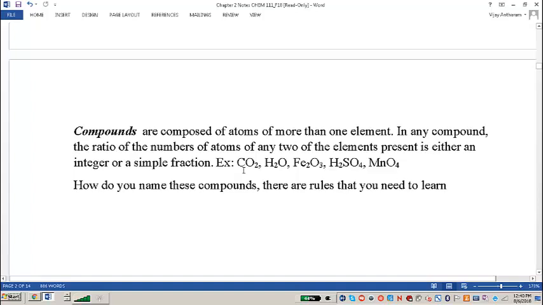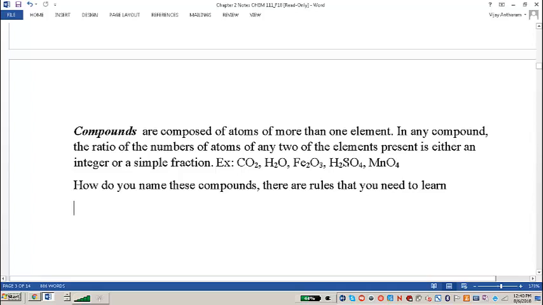All right, continuing on, one of the points in the previous page had to do with compounds. So compounds are a combination of elements, and just to get a quick hit on this, you notice you're going to have nice whole numbers, CO2, 2 oxygen atoms with 1 carbon atom, H2O, 2 hydrogen atoms with 1 oxygen atom, Fe2O3, 2 iron atoms with 3 oxygen atoms.